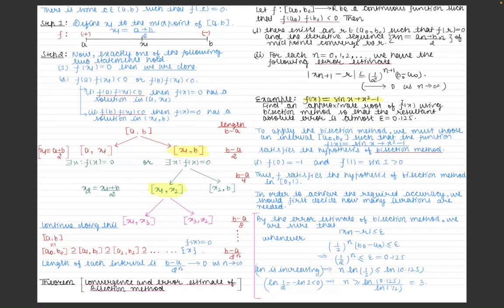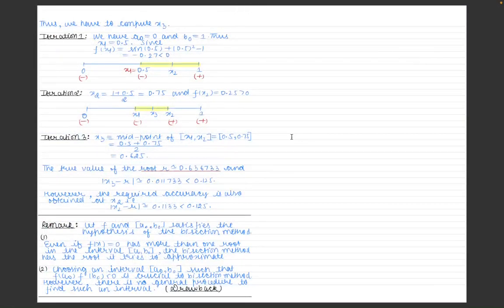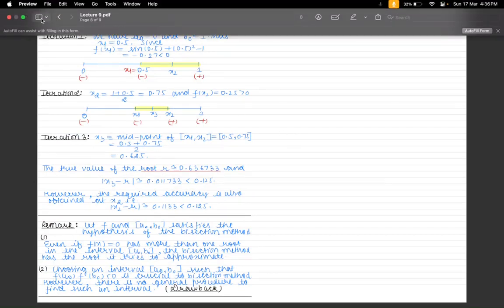Because ln half is actually minus ln 2, which is negative, the inequality changes. Thus we have to compute till x3. Now we know how many iterations we need, so we will do it.